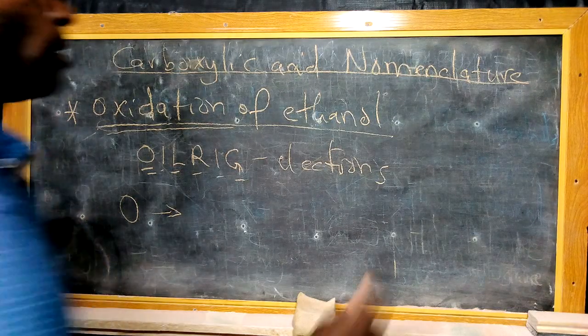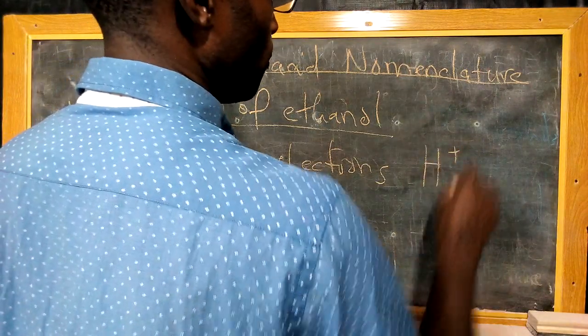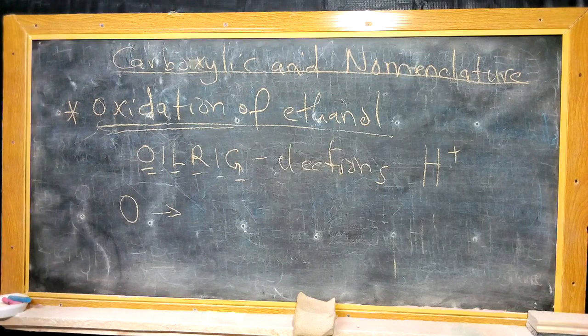For instance, I've shown the positive ion, the hydrogen ion, which portrays the characteristic of an acid, as we have said roughly that an acid is a substance that contains hydrogen as the only positive ion. That's one of the definitions of an acid.